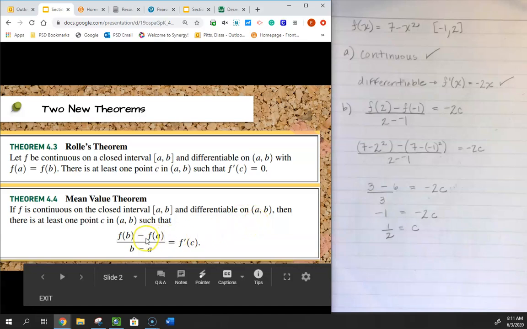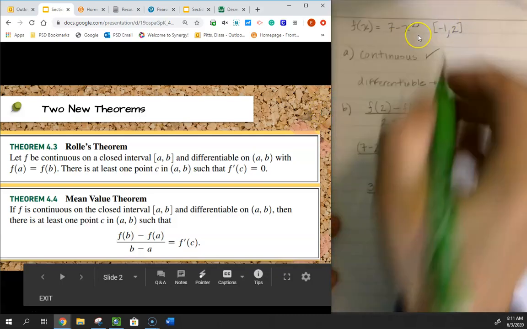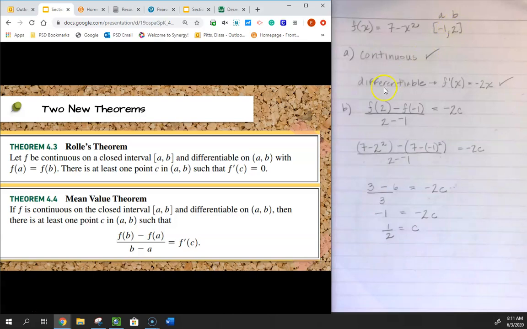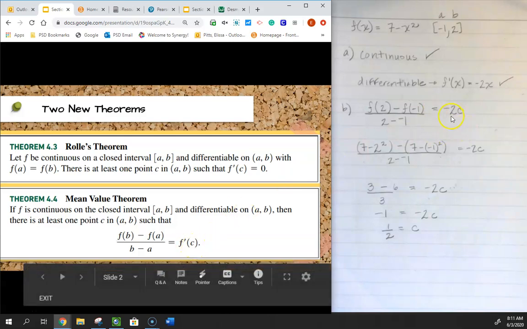All right, so then the mean value theorem says f of b minus f of a. So our a and b are -1 and 2. So I need f of 2 minus f of -1 all over b minus a, which would be 2 minus -1. And that's going to be equal to the derivative evaluated at c.